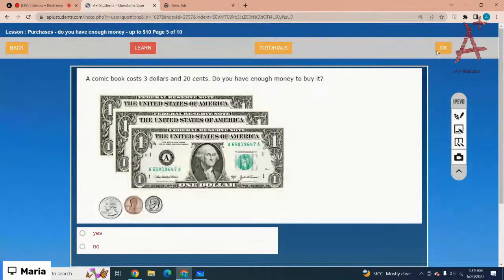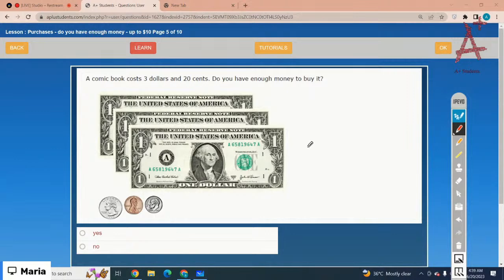Okay, the next one is a comic book that costs $3.20. Do you have enough money? Let's see the money we have. You have three bills, and just look at the coins.